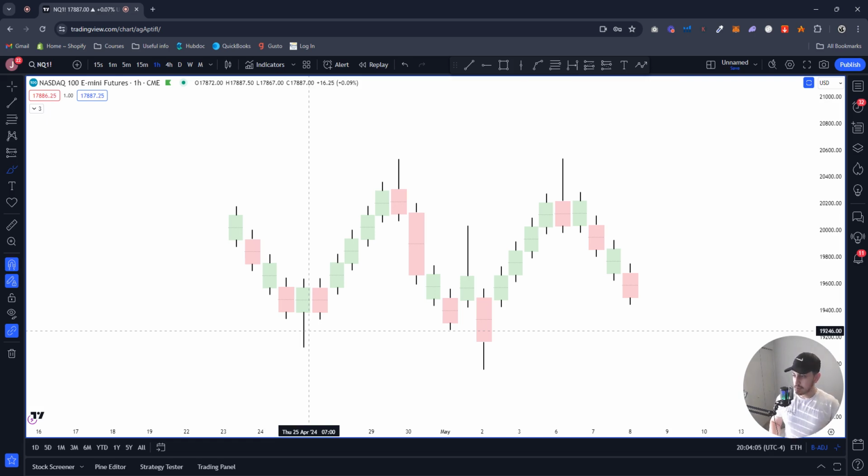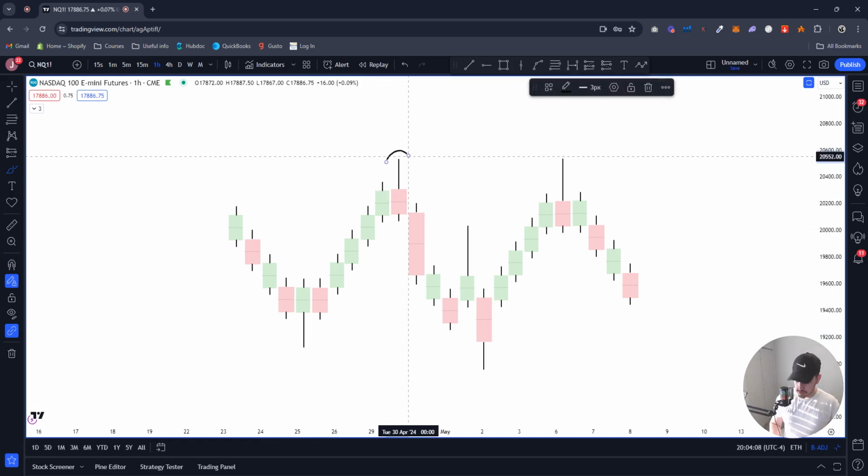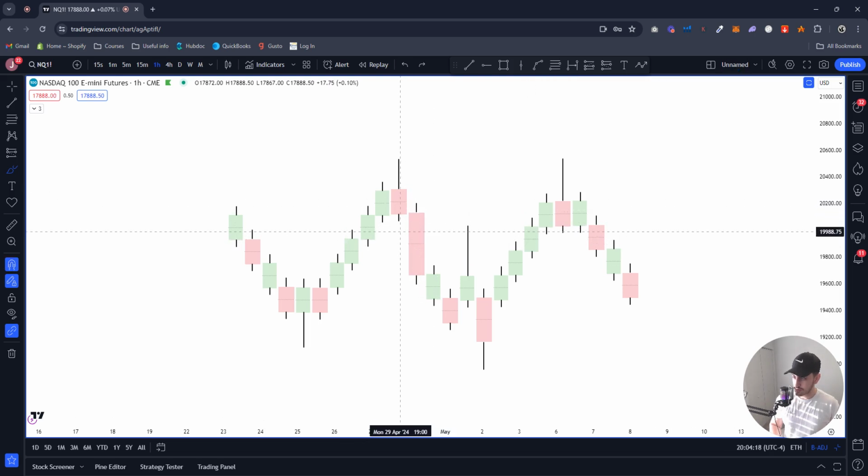Same thing for the top. Swing high. Why? 1, 2, 3, we have 3 candles right here. Excuse me for my horrible TradingView handwriting, but you have 3 candles, 1, 2, 3, with the highest point of the 3 candles before price starts moving lower. That is your swing high.